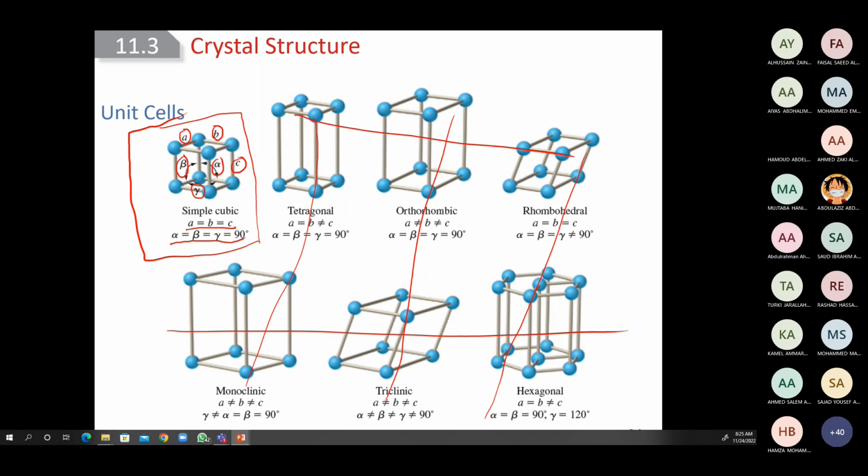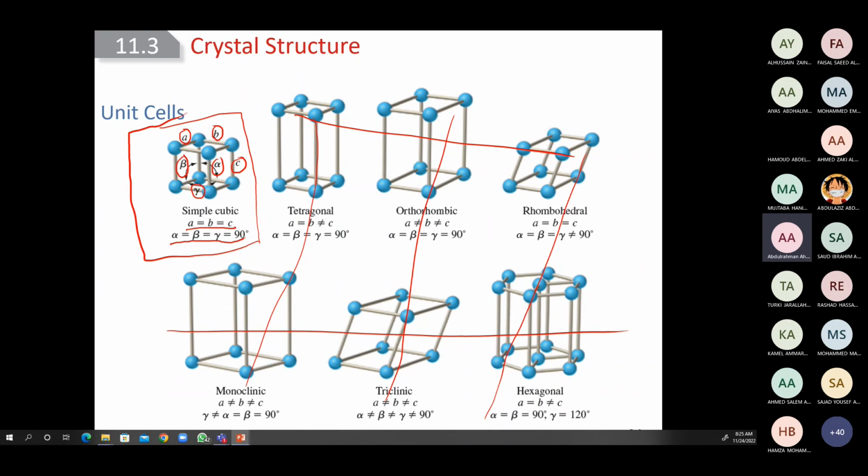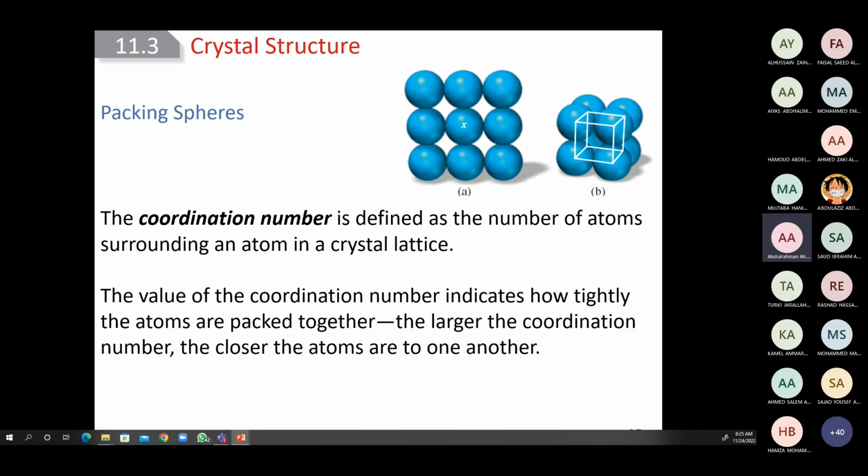Clear? Good. Now, when we pack things, we don't pack them like this, because the atoms are touching each other. The atoms here are touching each other, and that's why this is the shape of the cube. I want to ask a simple question. What do you think this distance in the simple cubic is equal to?